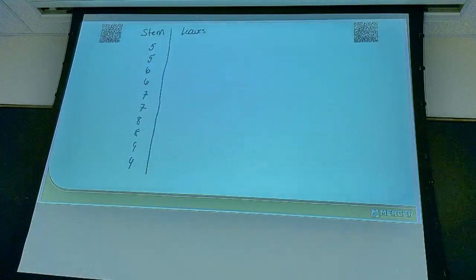So the first stem would be 0 through 4, the second stem 5 through 9.